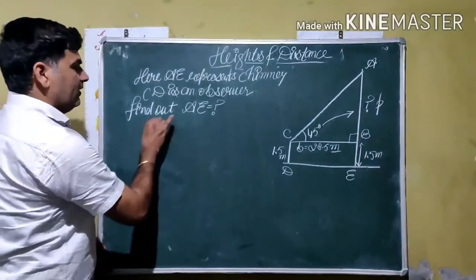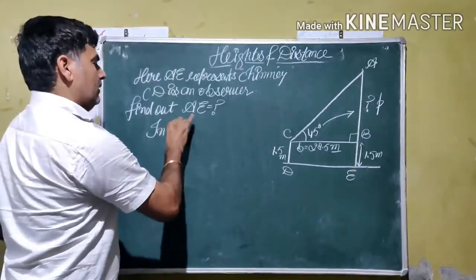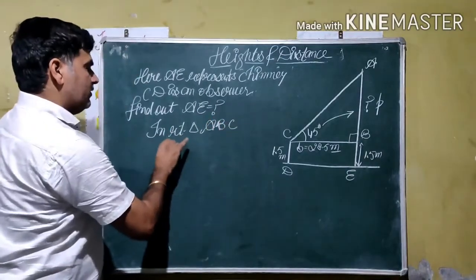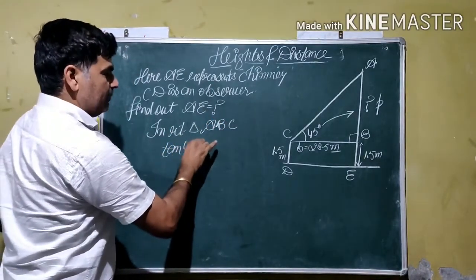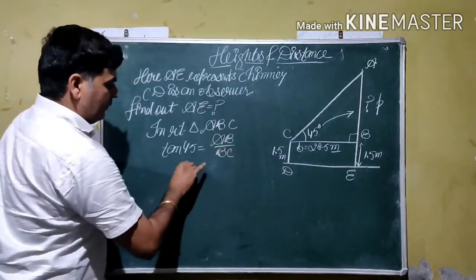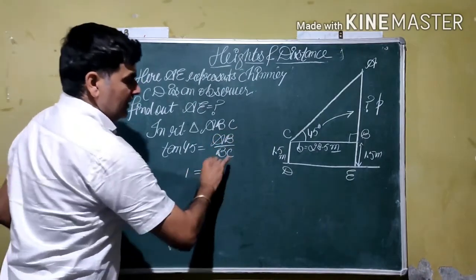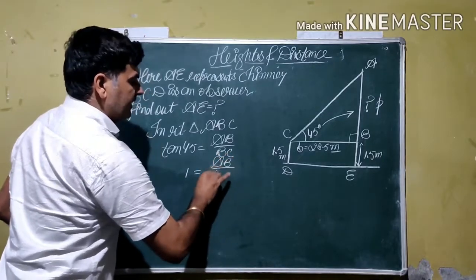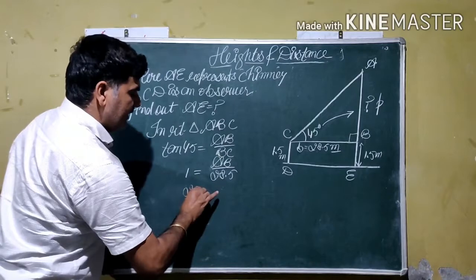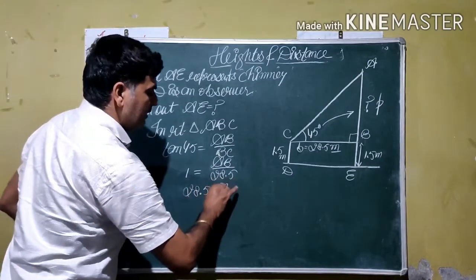So in right triangle ABC, tangent of 45 is given by P by B, meaning AB by BC. Taking tangent 45 from the table, which is 1, AB is unknown, BC is given as 28.5. So 28.5 meter becomes the value of AB.